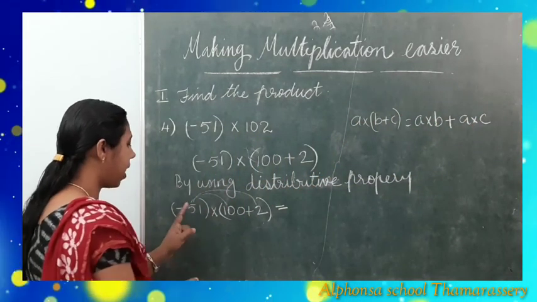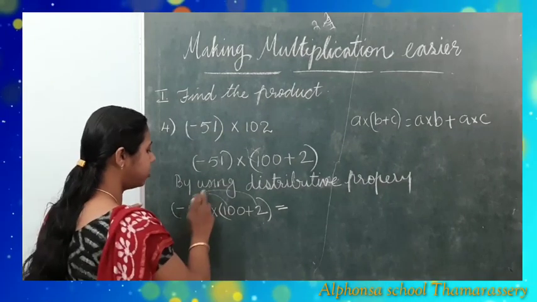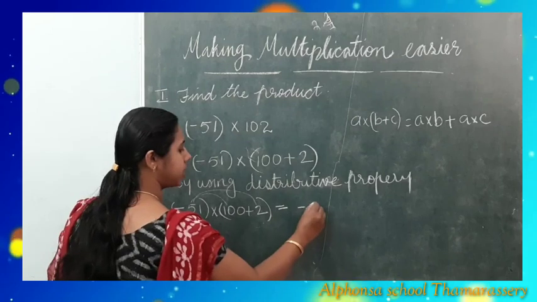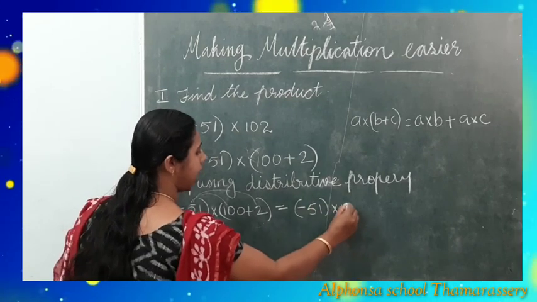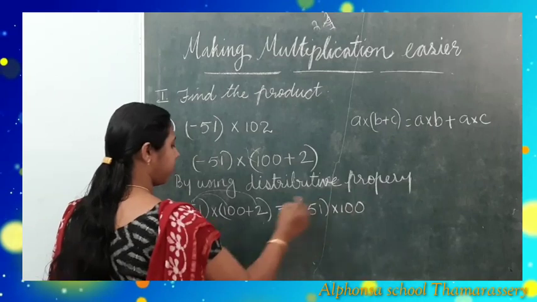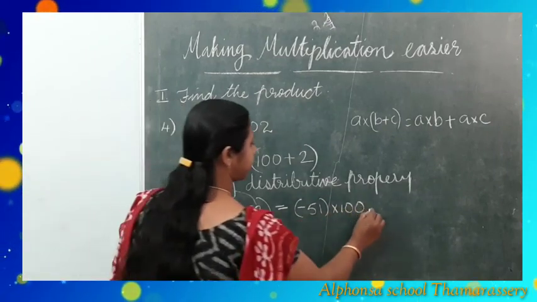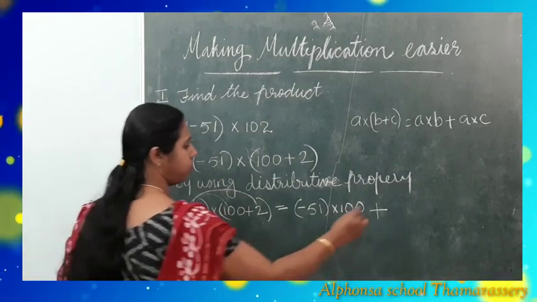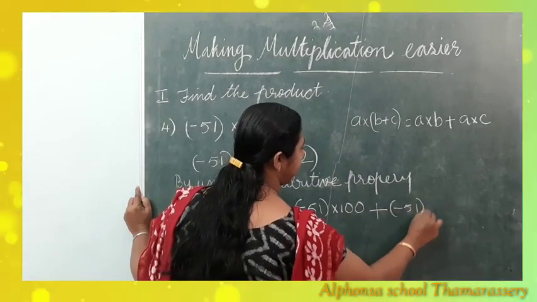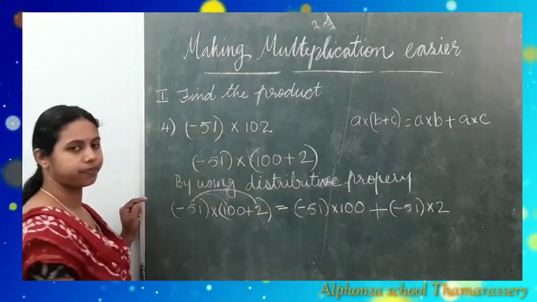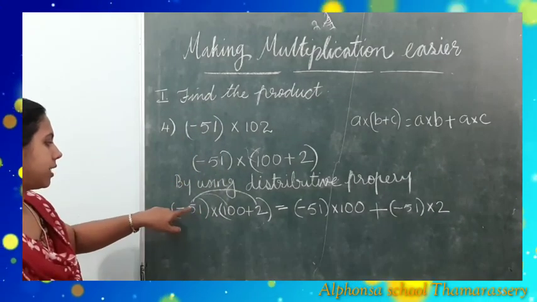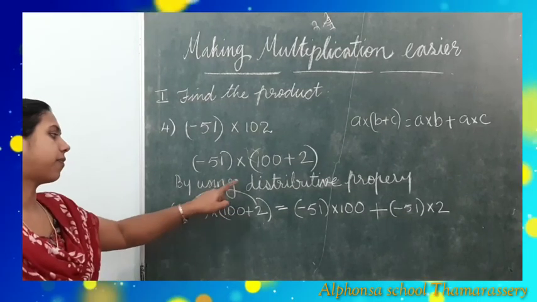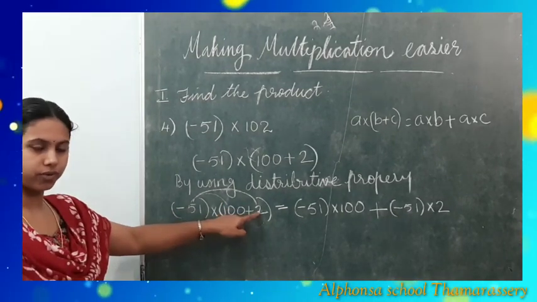So, here minus 51 into A into B means minus 51 into 100. Minus 51 into 100. What is the sign here? Positive. Plus. Next, minus 51 into 2. Minus 51 into 100 plus minus 51 into 2.